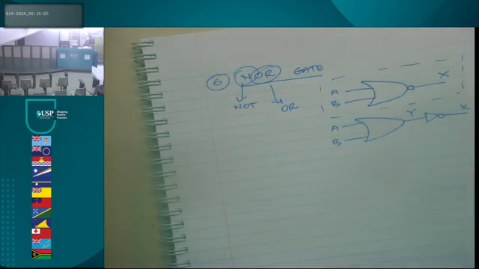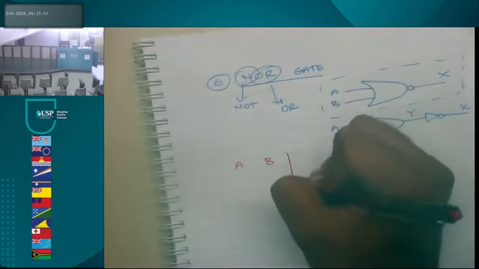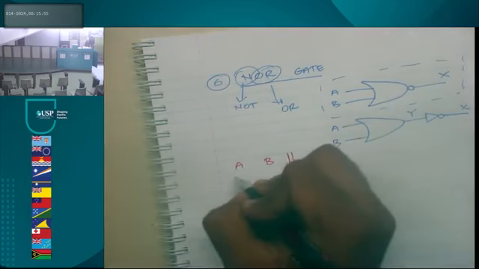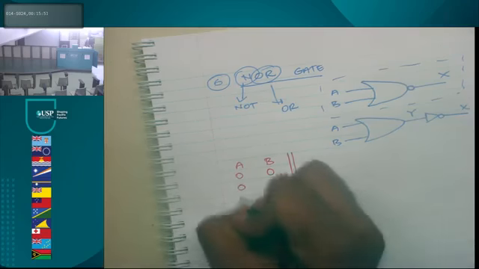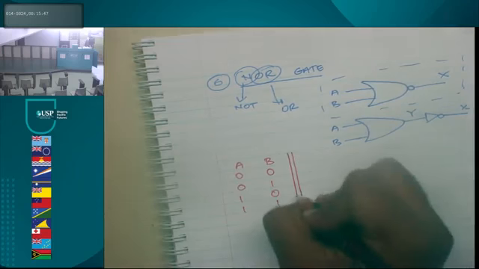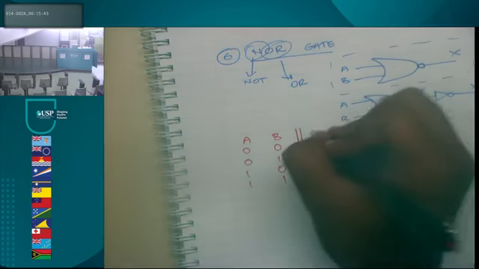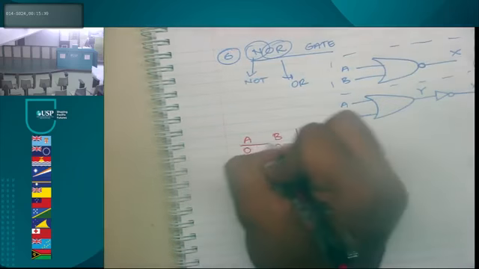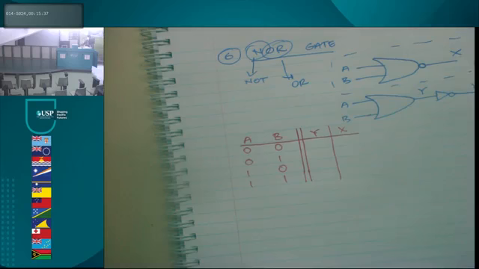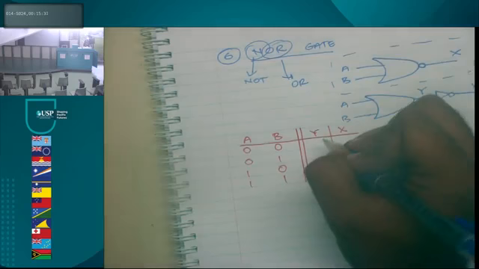Okay, let's look at the truth table for the NOR gate. Okay, A, B: 0, 0; 0, 1; 1, 0; 1, 1. So what was the output for the simple OR gate? 0, 0 was?